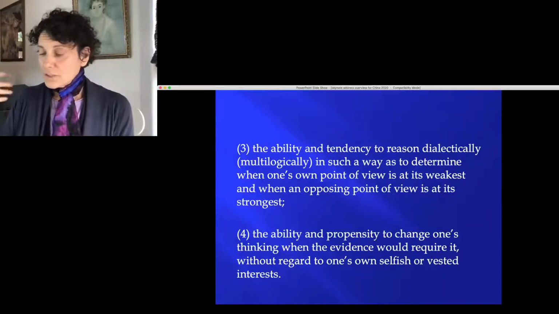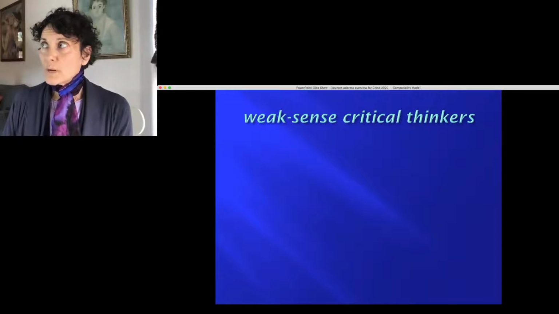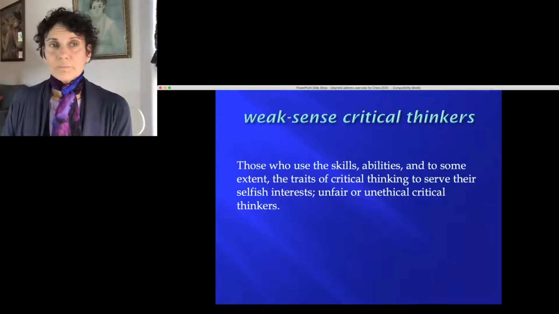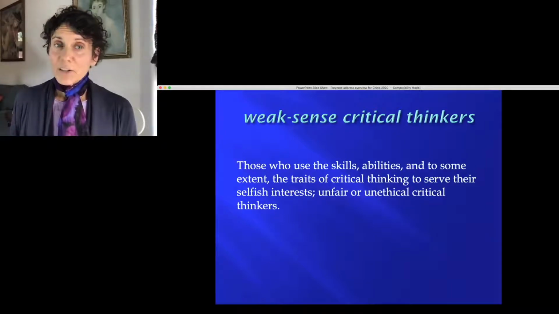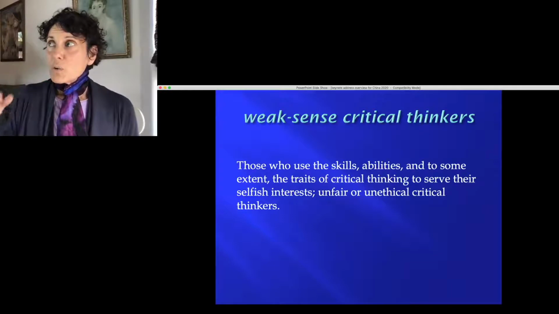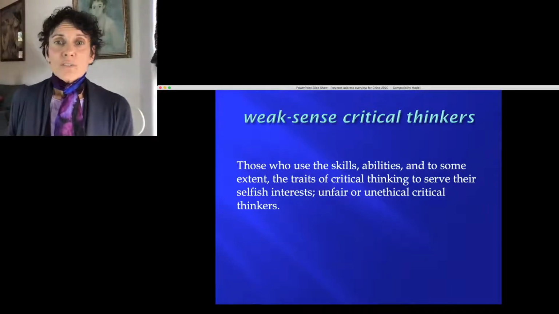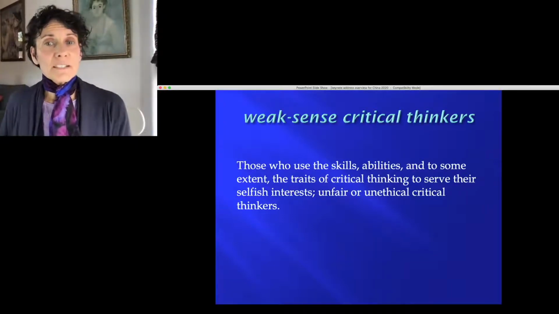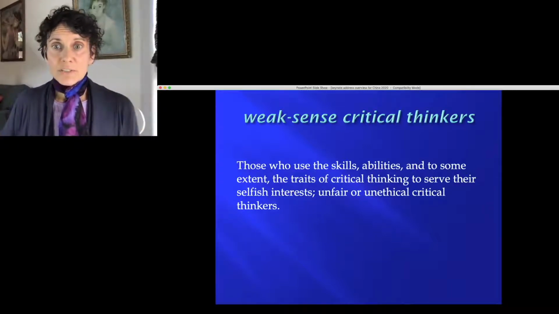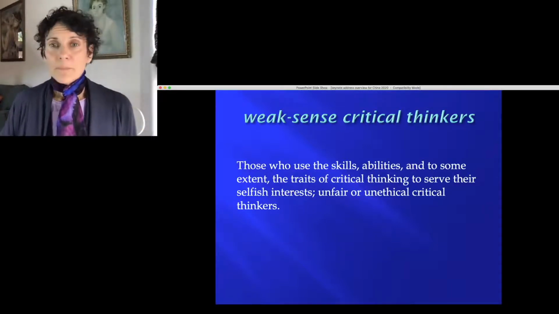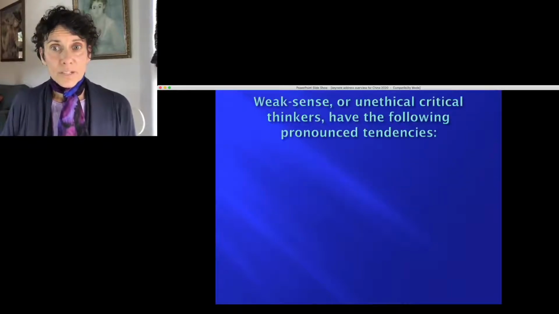So we want to develop strong sense critical thinking, and we want to avoid weak sense critical thinking. And all of us sometimes are weak sense critical thinkers, and hopefully sometimes strong sense critical thinkers. So weak sense critical thinkers are those who use skills and abilities to some degree, but mainly to serve their selfish interests, and are often unfair or unethical thinkers.